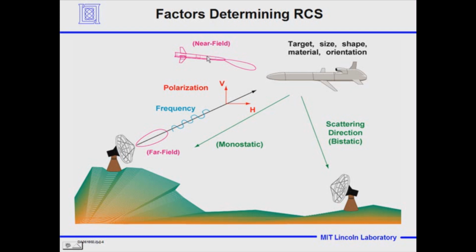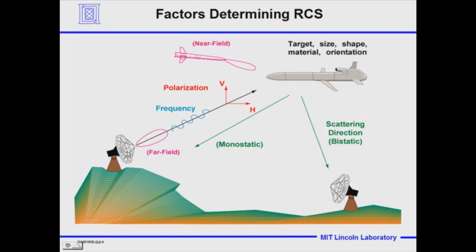But when the target is near the radar, as it could be with a missile that had a radar seeker in its nose, when that missile got up close to the target, it would be in what we call the near field. And the cross-section in the near field is different because the electric fields that are seen are different, because the target will see electric fields from different angles of the antenna, where they'll all appear to come from one point if it's very far away.